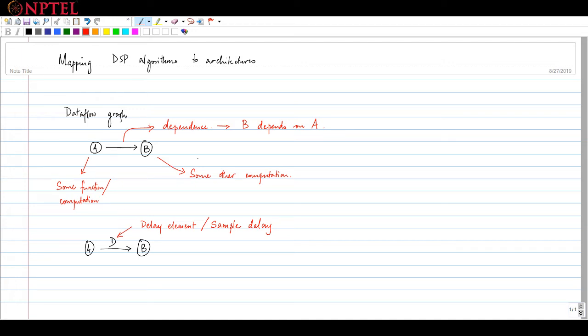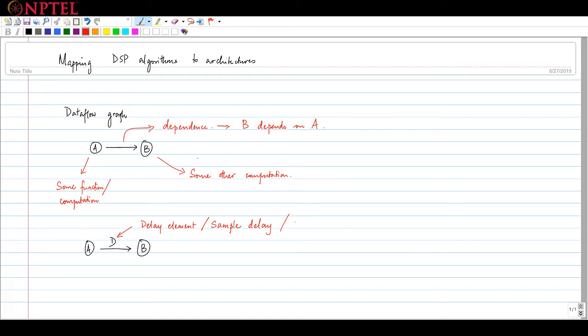What I mean by sample delay is A is producing samples at its output. Now those samples could be simple numbers, or it could even be an entire image, a frame of an image of a video could be one sample, for example, right? In which case a sample delay would be the previous frame, not just the previous pixel, right?